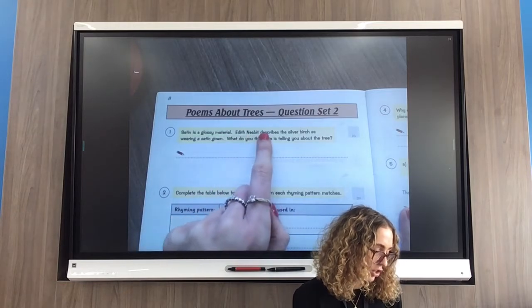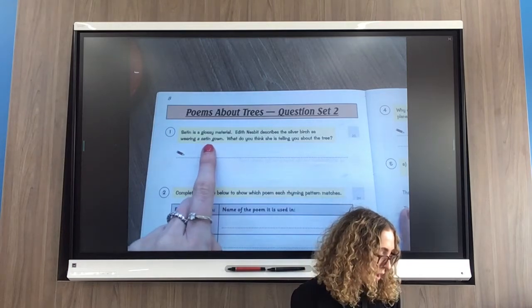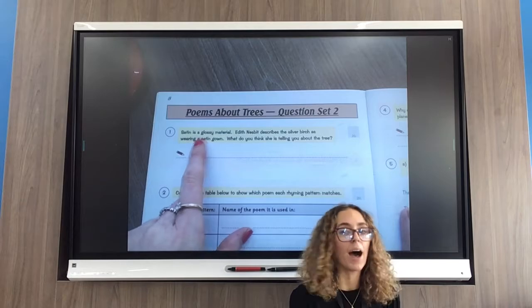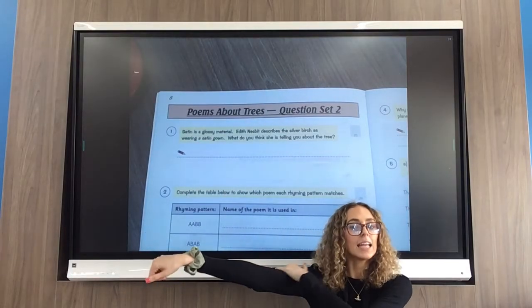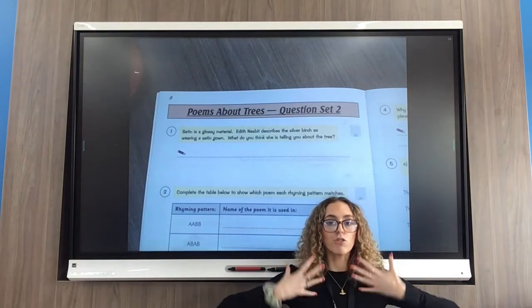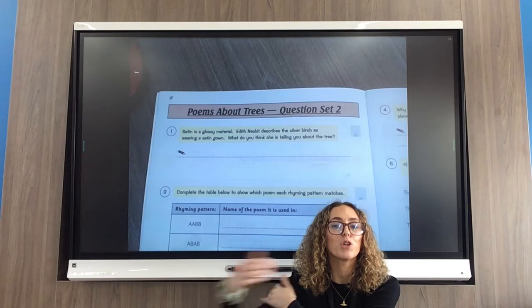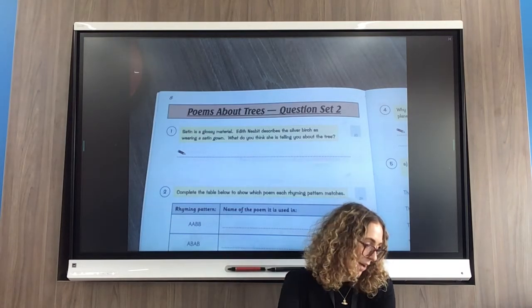Edith Nesbit describes the silver birch as wearing a satin gown. What do you think she is telling you about the tree? Now I know that a satin gown is a lovely shiny glossy material, and it's a dress on a lady, or it's like a dressing gown. So I'm sure you've got a fluffy dressing gown at home, but some people have a satin gown.